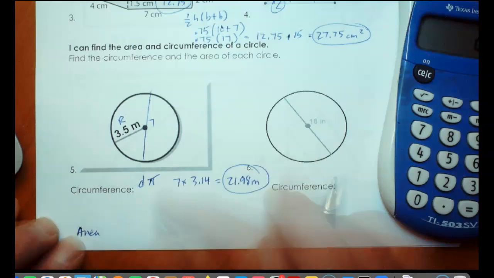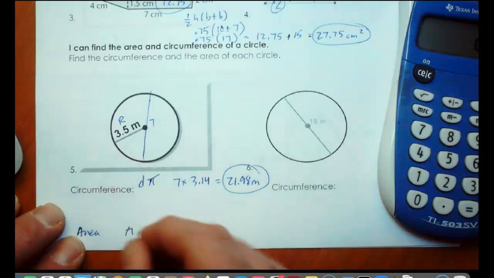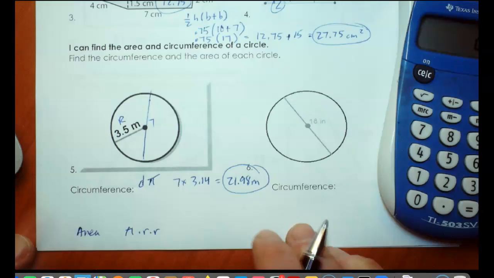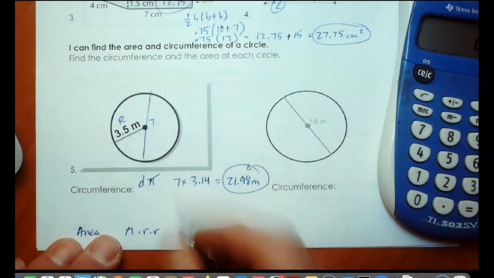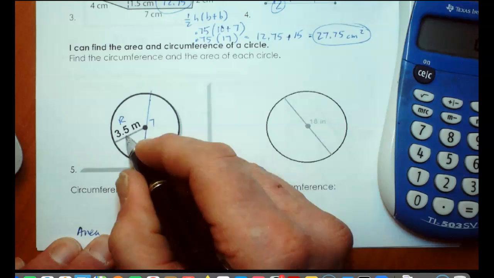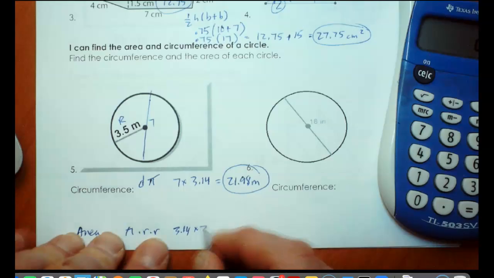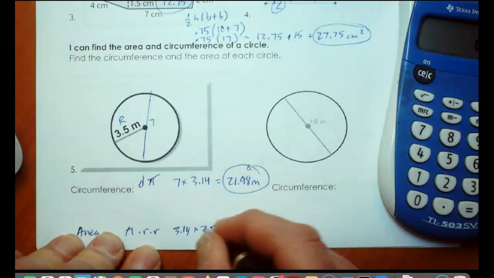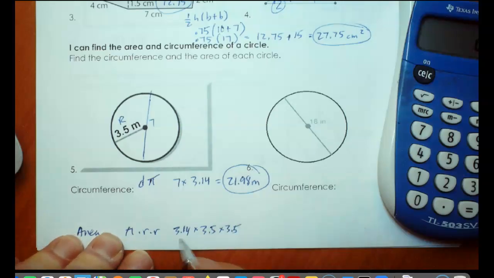The area is pi r r, like a pirate. So that's going to be 3.14 times the radius times the radius. So now we can use that 3.5 times 3.5. There we go. 3.14 times 3.5 times 3.5.